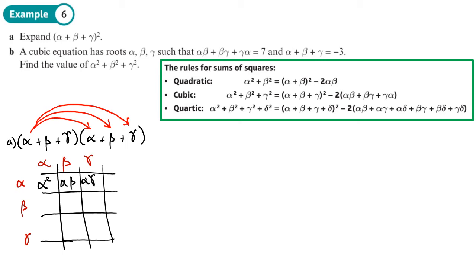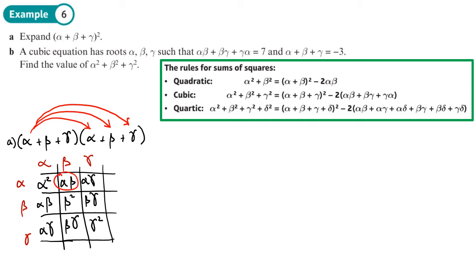You might find this a bit easier actually. Alpha beta, beta squared, beta gamma. Alpha gamma, beta gamma, gamma squared. Yeah, that might be a nicer one to do.